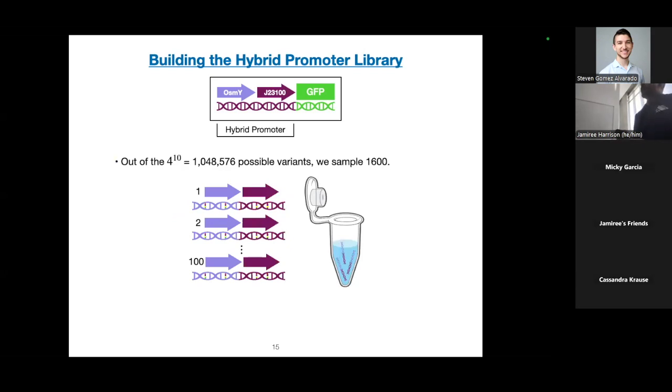Of course. So you could imagine pooling 1 million possible variants into a single reaction and doing something like bar-coded RNA sequencing to profile expression. Can you talk a little bit about where that breaks down with what you plan to do with this promoter library? Sure.